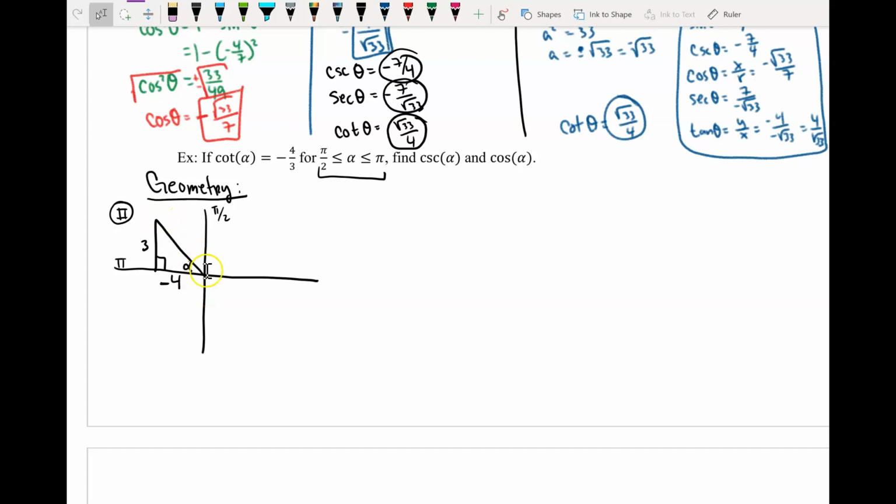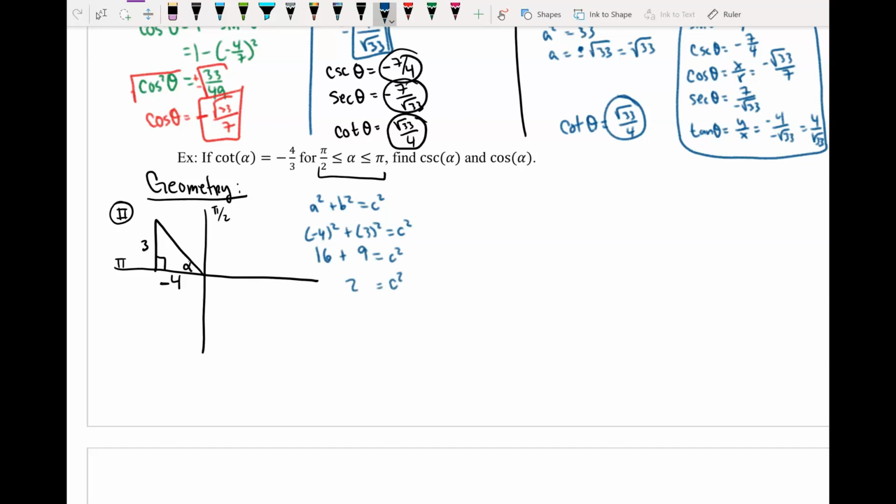Now, let's figure out what the r value should be. What should be the r value? So that's going to be the Pythagorean theorem again. So a squared plus b squared equals c squared. So a squared is negative 4 squared, b is 3 squared, c is just c squared. You're going to get 16 plus 9 equals c squared.